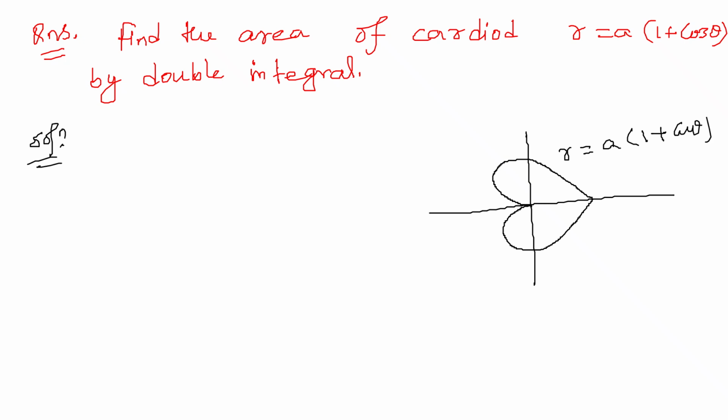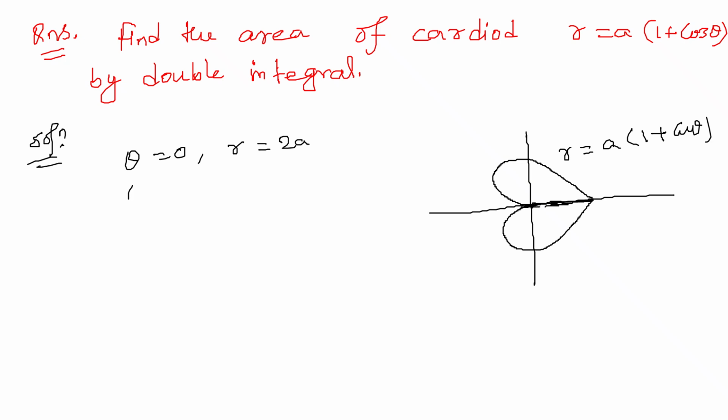Suppose theta is equal to 0. Then r is equal to 2a. So when theta is 0, that means here, and r is 2a; this is the distance from here to here, 2a.